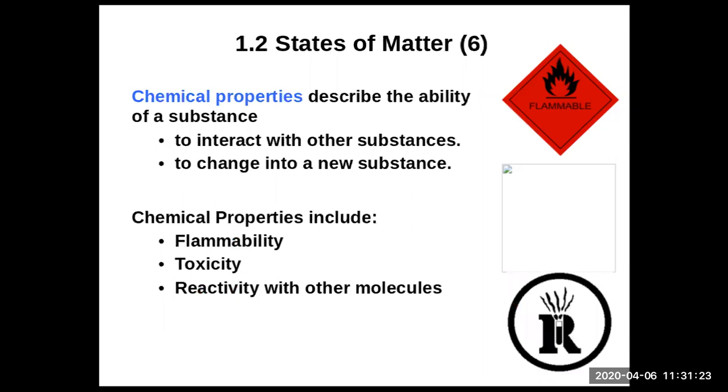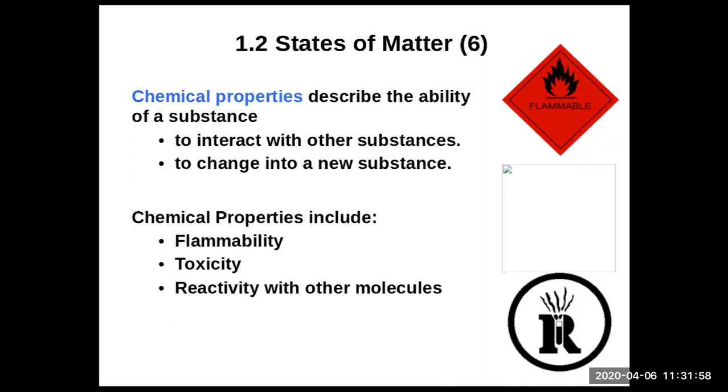Now, we also can describe chemical properties for substances, and these chemical properties describe the ability of a substance to interact with other substances or to change into a new substance. When you describe a chemical property, you're describing the ability of a substance to become another one through a chemical change.